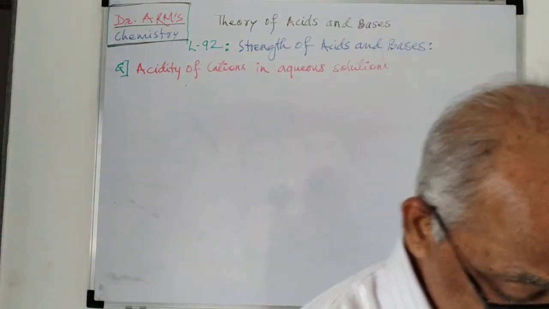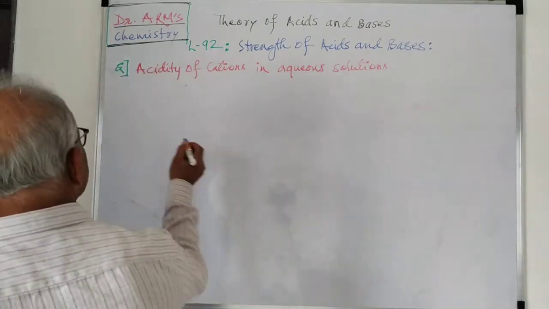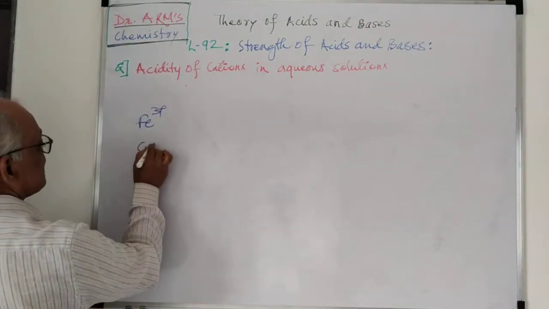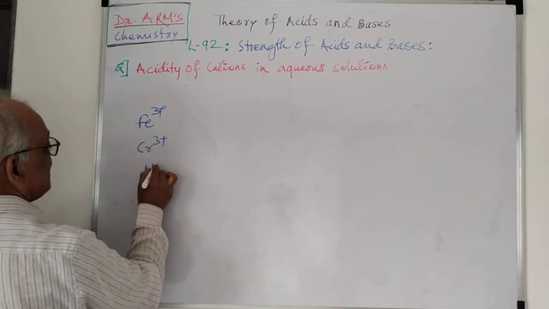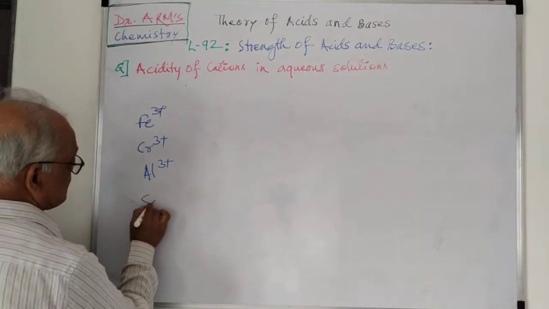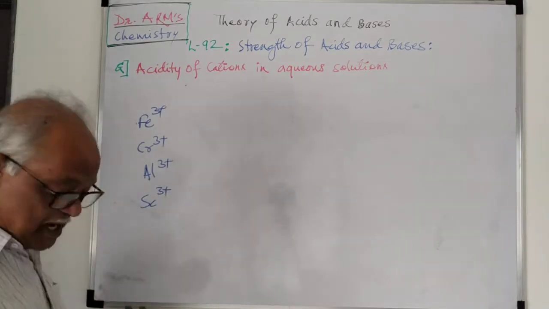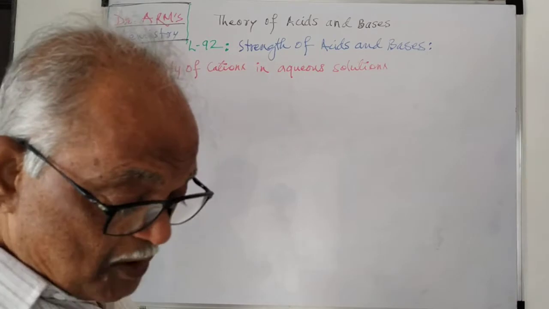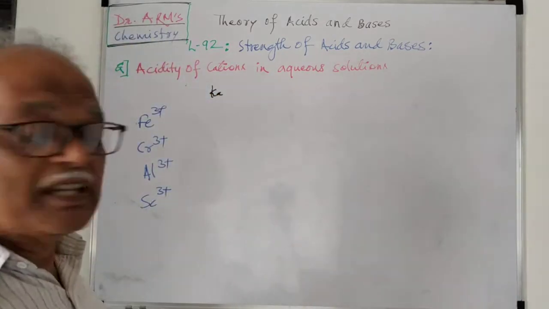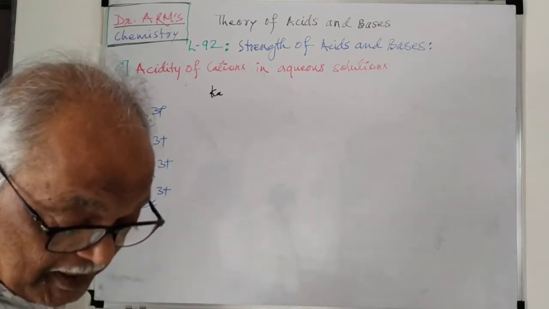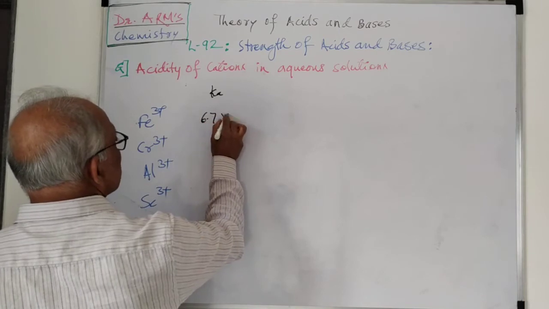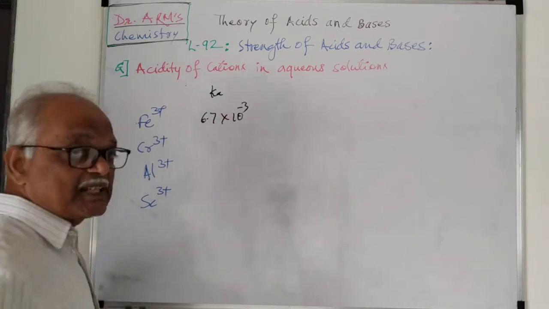We can show these metal ions, that is Fe3 plus, Cr3 plus, Al3 plus, and scandium 3 plus. Now if we show the Ka values, then the Ka values are higher here, 6.7 into 10 raised to minus 3.